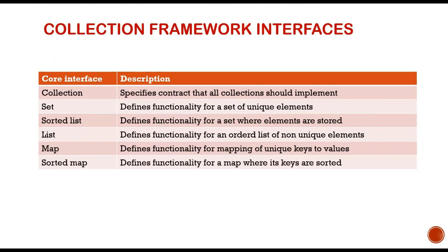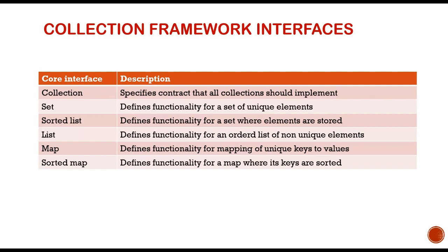Collection framework interface. Core interfaces: collection, set, sorted set, list, map, and sorted map. When it comes to the description, collection specifies a contract that all the collections should implement.